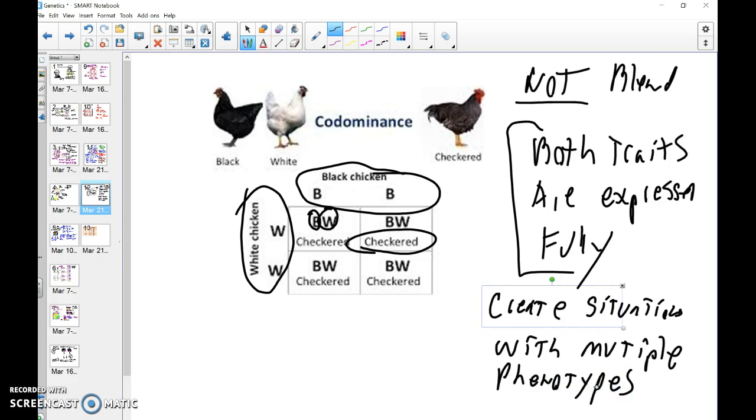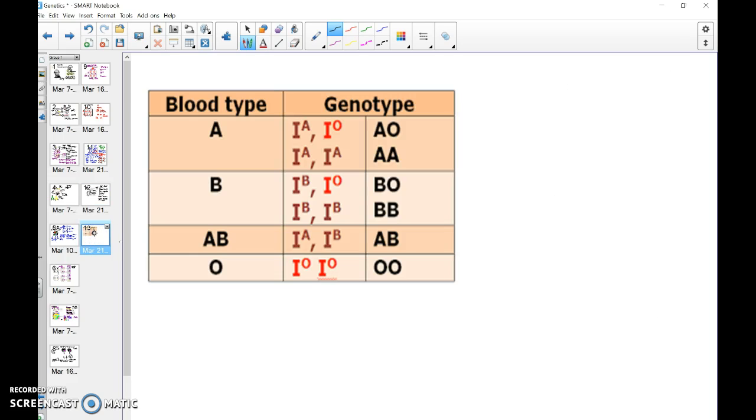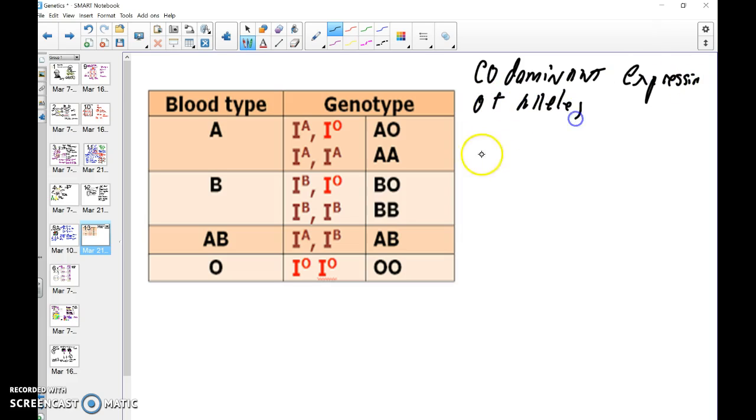Let's take a look at an example that's more closely related to humans. So here you have human blood type. There are four main human blood types, A, B, AB, and O. Now, each one of these blood types is a co-dominant expression of alleles. Now, there are actually three alleles for blood.